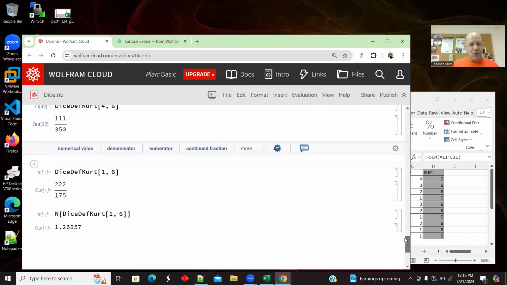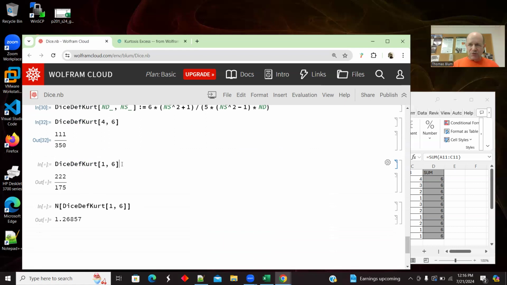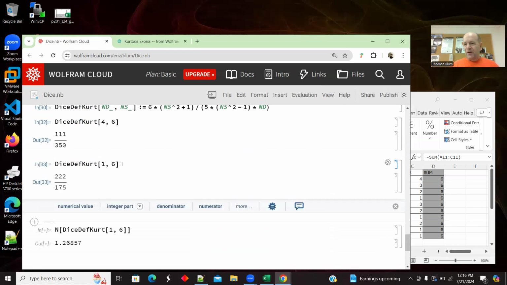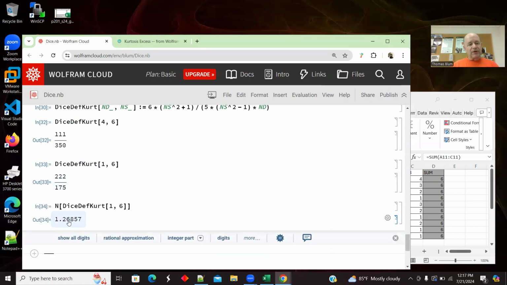So if I know the value for one die, so this is one six-sided die, if I know the kurtosis, then I know that from then on, it's just that dependence on ND. So let me take numerically what that is. And I have this 1.26875. It was this crazy number 222 on 175.